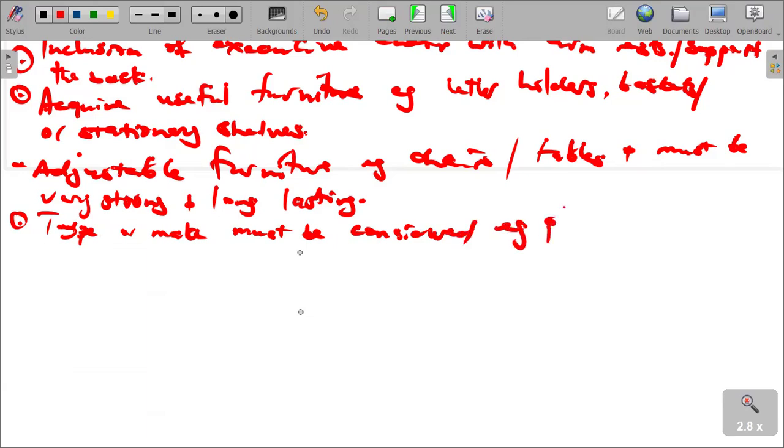For example, we can talk about plain or we can talk about leather. These are factors that are dependent on the environment in which the furniture is going to be kept. Where is the furniture going to be used?